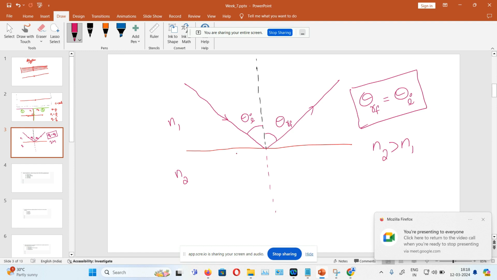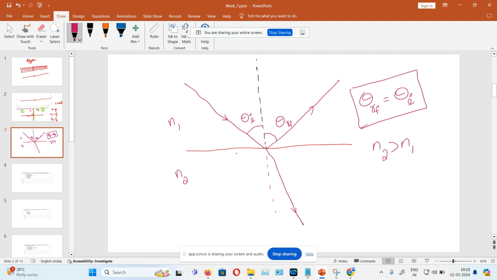So in that case, what happens? Light is moving from rarer medium to denser medium. The velocity of the light decreases. So the refracted beam will be bent towards the normal.